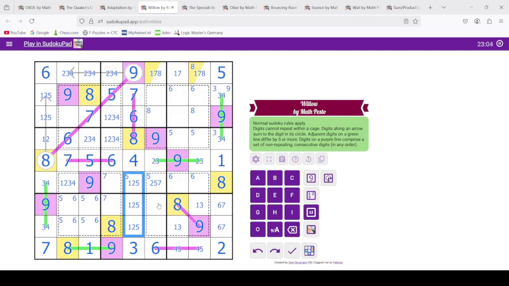4 goes in one of those cells, as well as 7. Both of which seem to work though. This is not a 7, so one of those 2 is a 7. And thus, in this cage, has to go there with the 5.